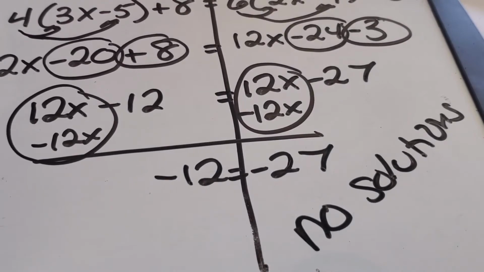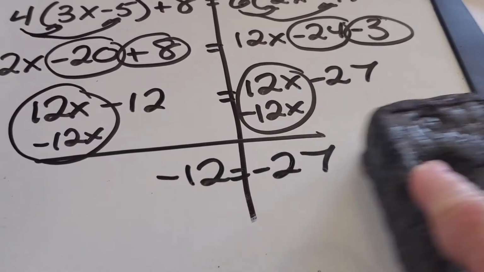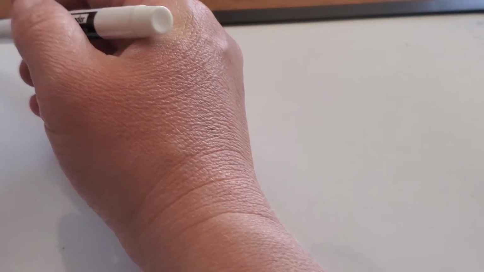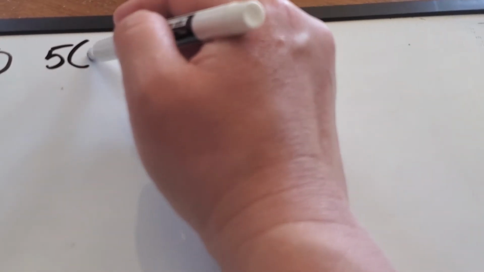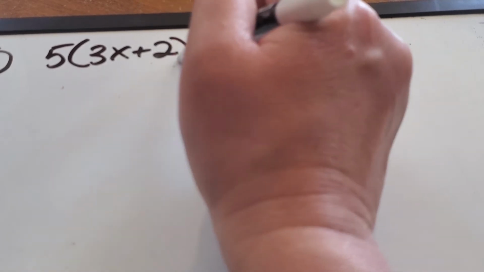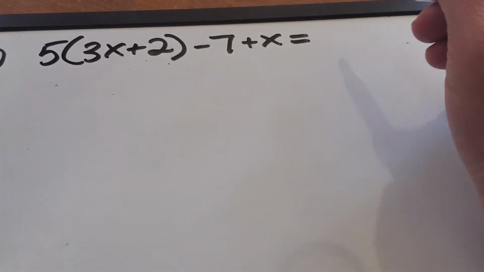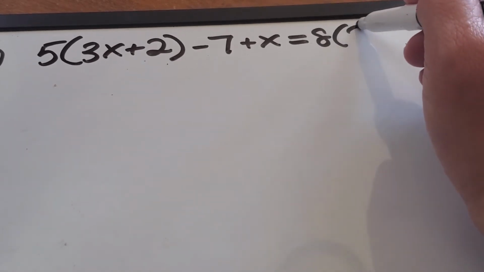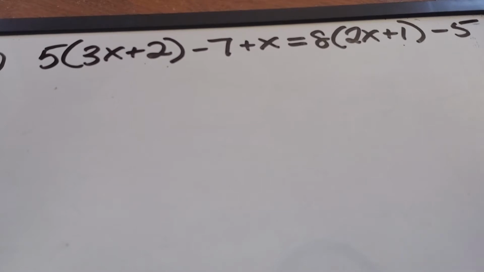Okay, one more equation, and then we'll do one word problem. Third equation is going to be 5 times 3x plus 2 in parentheses minus 7 plus x equals 8 times 2x plus 1 in parentheses minus 5.